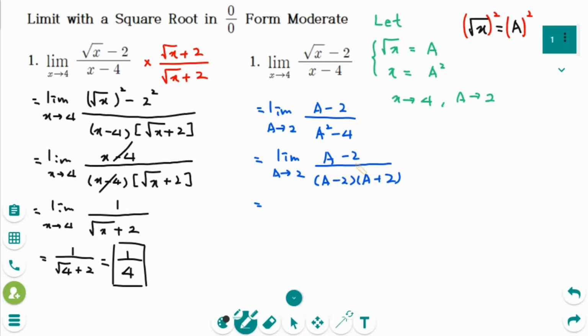Then we can cancel the common factor, which is a minus 2. So limit as a approaches 2, 1 over a plus 2. Then put 2 into a, 1 over 2 plus 2, which is 1 over 4.